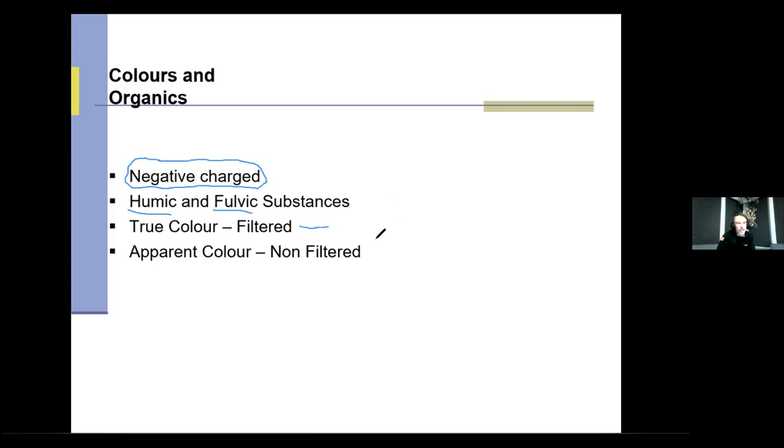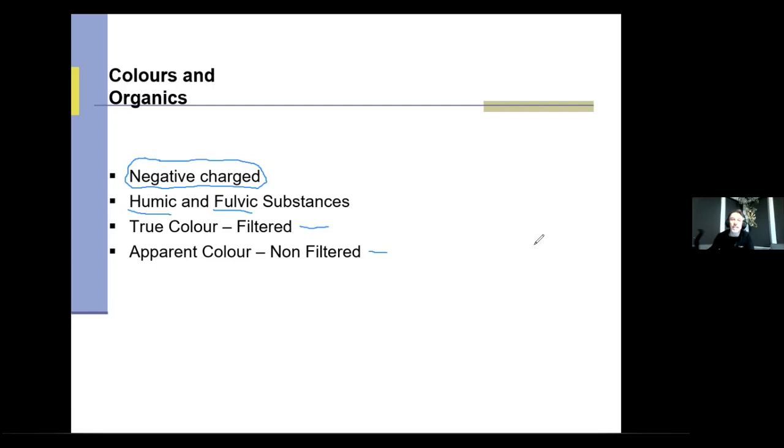We'll talk about color again when we do water quality in a couple of chapters from now. And there's two types I want you to be aware of. One's called true color and one's called apparent color. And the difference between the two is that one is filtered and one is not. So when I do my water testing, I will have true color, and that's what I want.